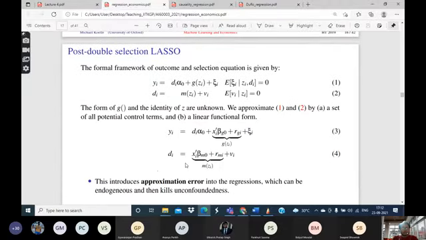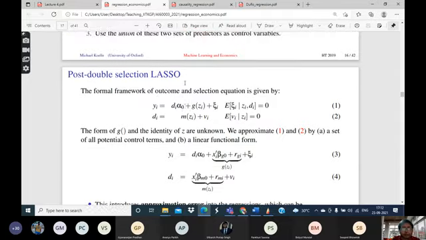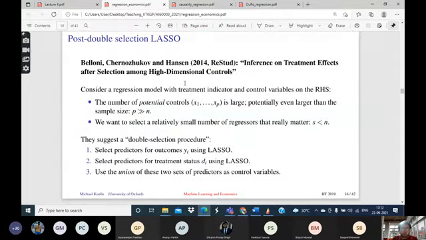So this is the double lasso formulation. So what happens in double lasso? Let us read once again. Consider a regression model with treatment parameters and control variables on the right hand side. The number of potential controls is large, potentially even larger than the sample size.